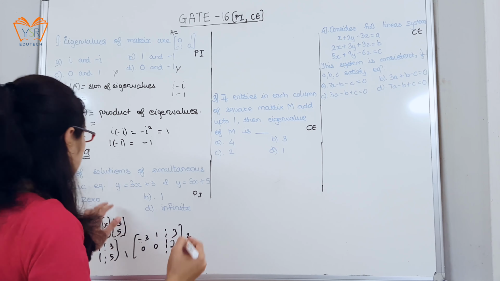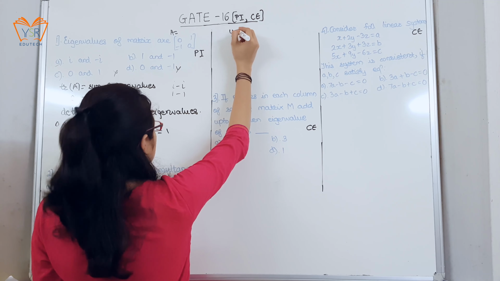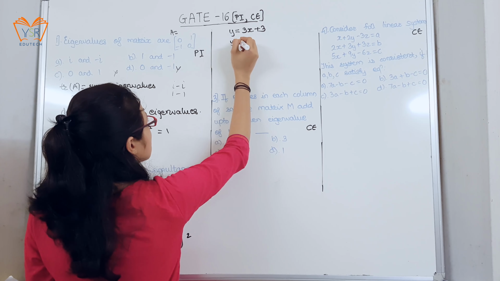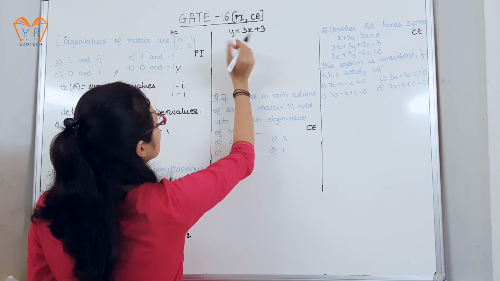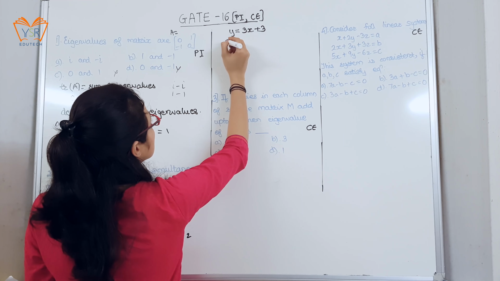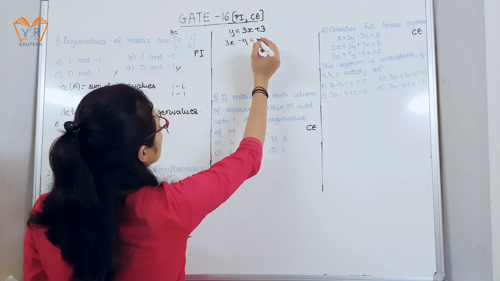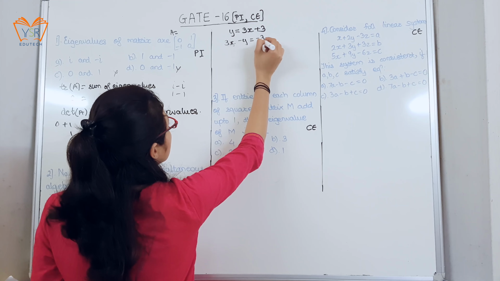The other way is, I'll rewrite the equations. Here we can write 3x minus y is equal to minus 3.